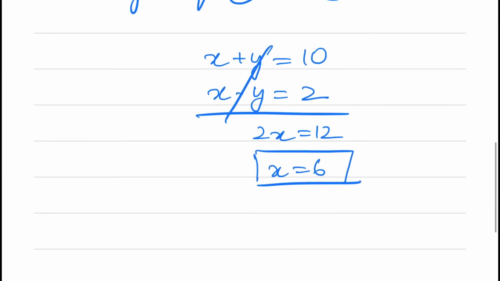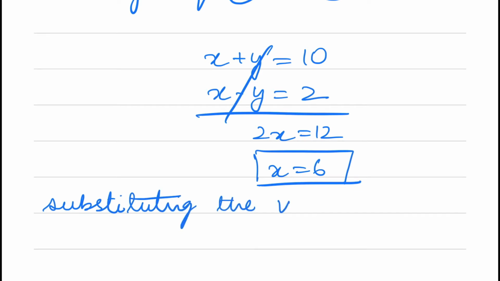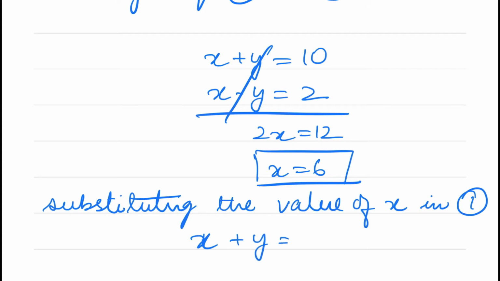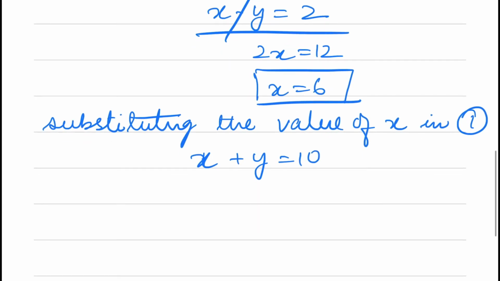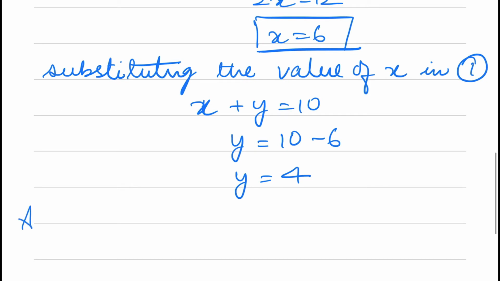Now let's find out y. So substituting the value of x in first equation. So we have x plus y is equal to 10. So y is equal to 10 minus 6. So y is equal to 4. So now I can write down the answer in the statement.